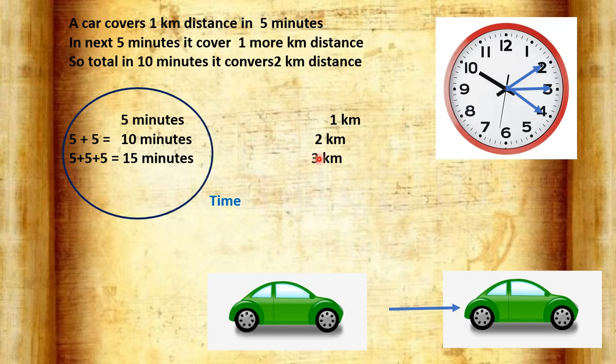Here we observe that 5, 10 and 15 denote the time, whereas 1, 2 and 3 kilometers are showing the distance covered by the car.